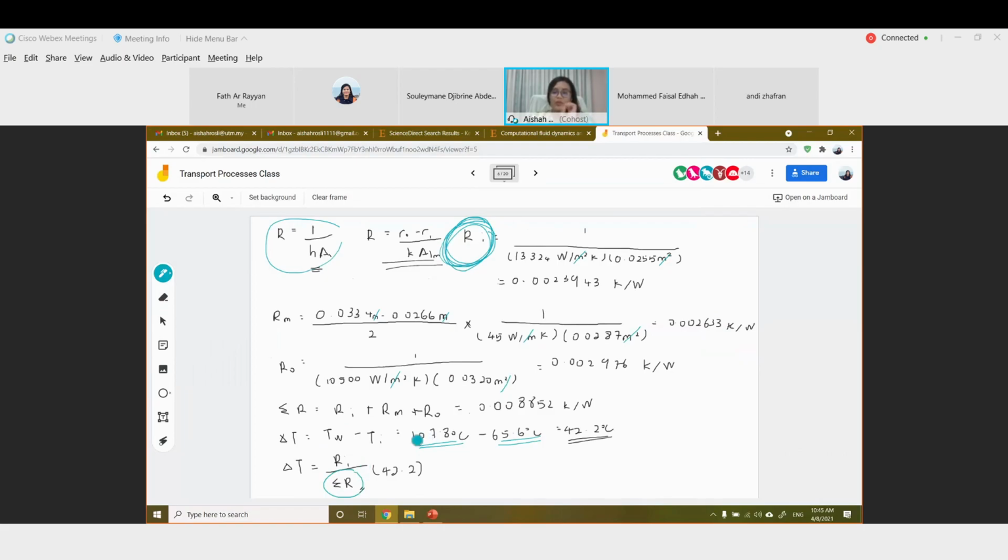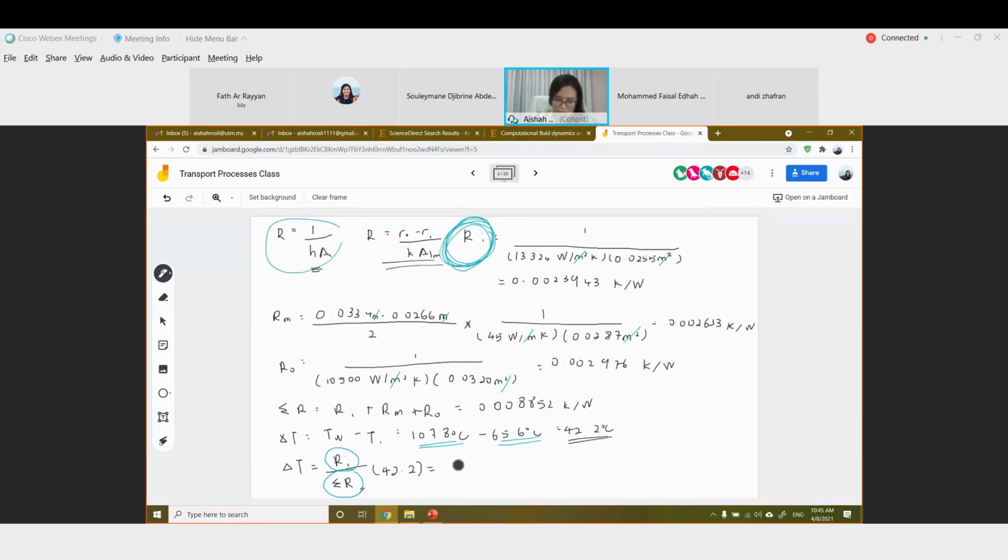But if we want to consider only the temperature difference in water, we only need to think about the inside resistance, because water is only present in the tube. So within the tube, we get the temperature difference between the water coming in and coming out.